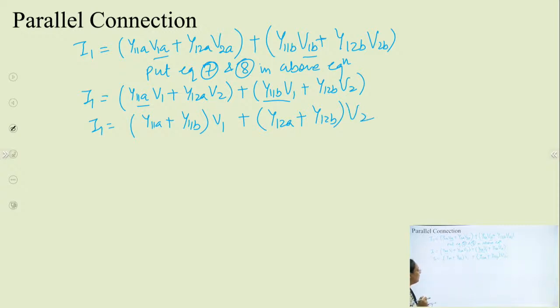So when we compare this with the standard equation of y parameters, we'll get y11 equal to y11a plus y11b, and y12 equal to y12a plus y12b, right?